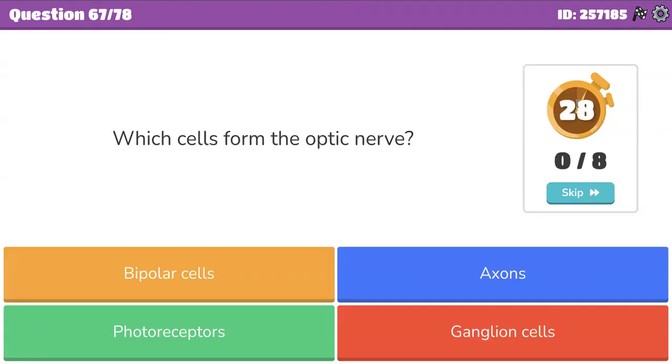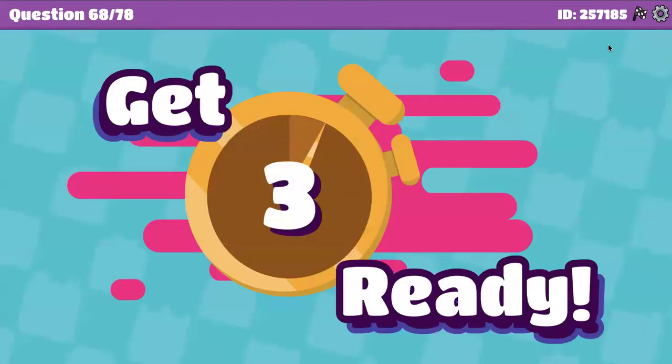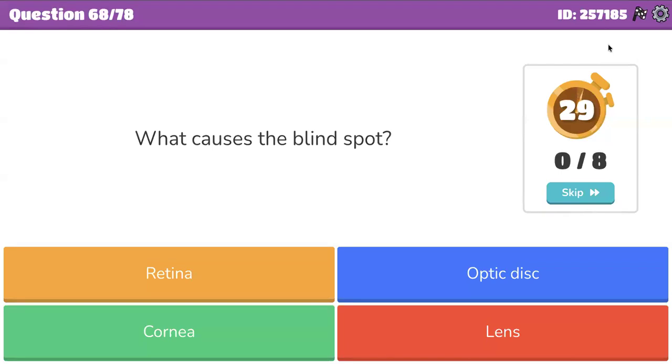Which cells form the optic nerve? The ganglion cells form the optic nerve. What causes the blind spot in our eye?